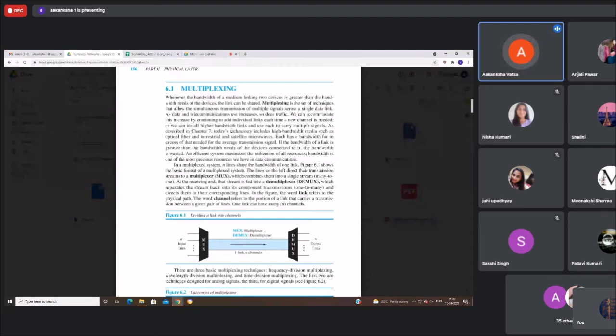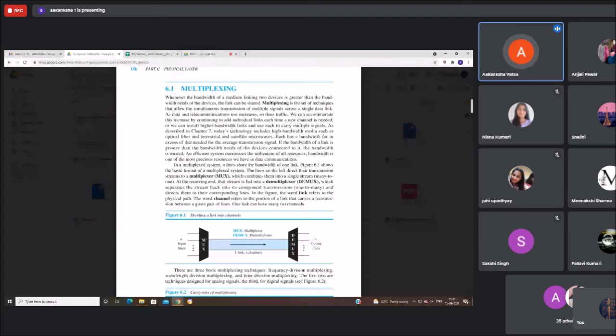So at least on 4 days, if 5 people are there and we have to go to the office from Monday to Friday only, and their offices are near each other, then they can share the car. Or suppose all of them are going by metro, so they can go to the metro at the same time and share the car. So that way they are sharing the resources and they're doing multiplexing. So this is one example.